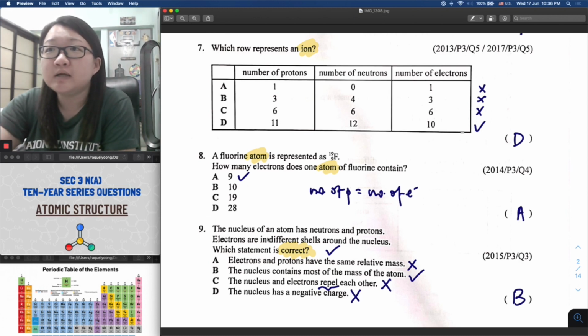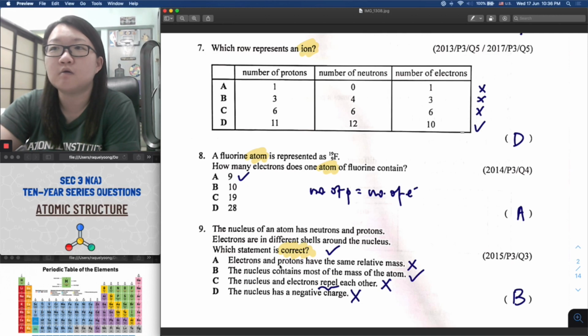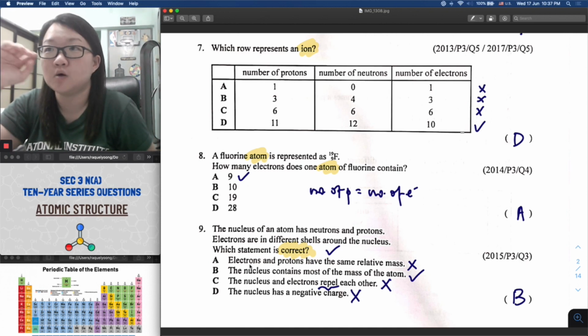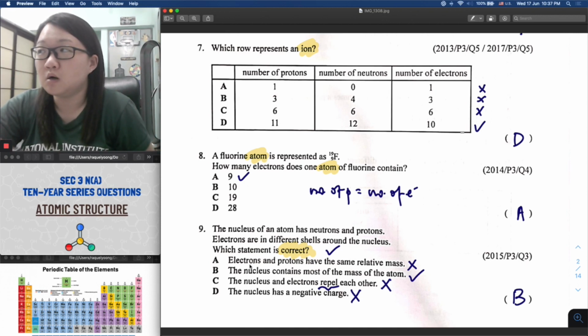Question 9. The nucleus of an atom has neutrons and protons. Electrons are in different shells around the nucleus. Which statement is correct? Okay, option A. Electrons and protons have the same relative mass. That's wrong, right? Protons have a relative mass of 1, and then electrons have a relative mass of 1 over 1840, or sometimes we see 1836.